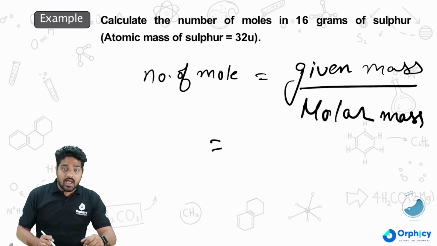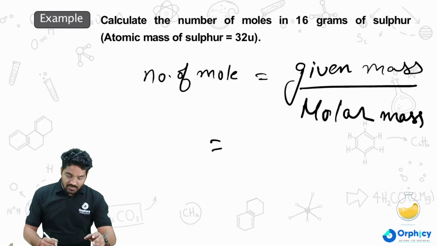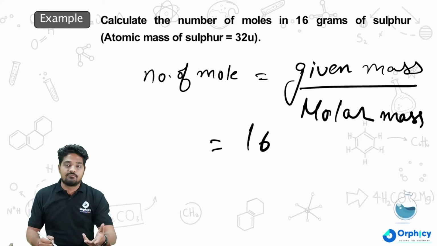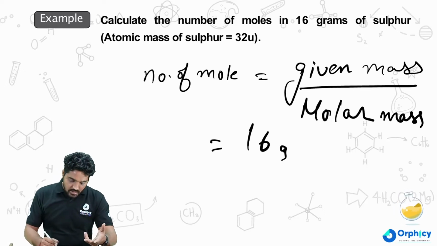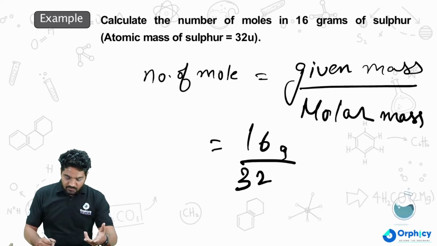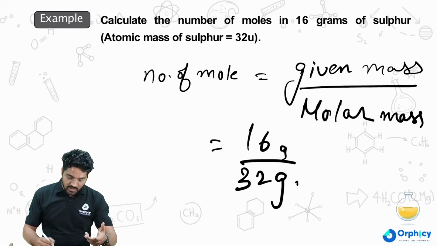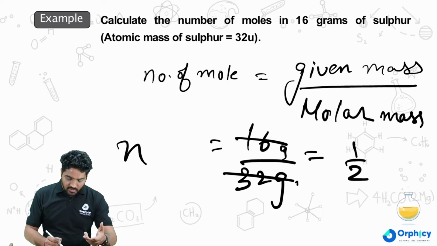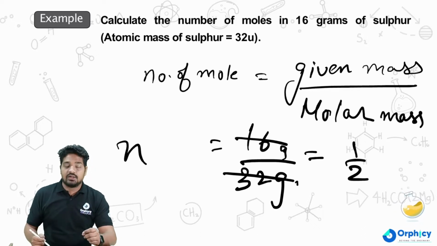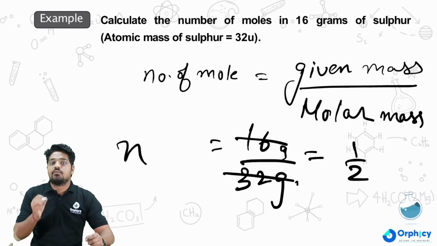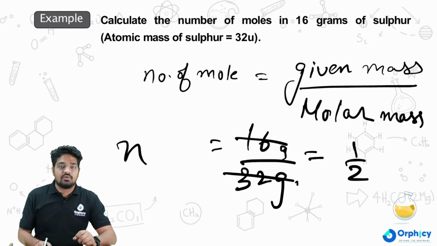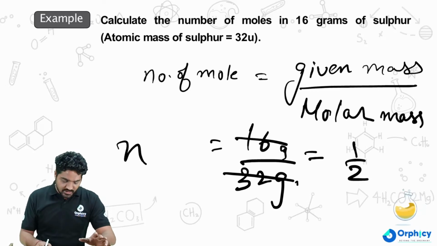So I can now solve this question. The given mass is 16 gram, upon 32 gram, which is the molar mass of sulphur. So I simply get 1 by 2. So the number of moles n equals 1 by 2, that is half. So half a mole will have 16 gram of sulphur. All right. I think this is a very simple question now.